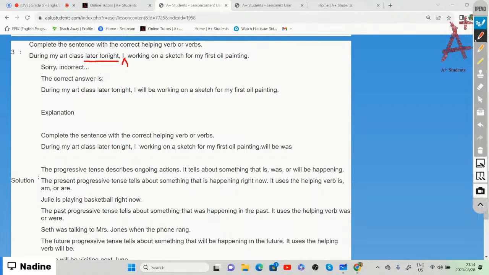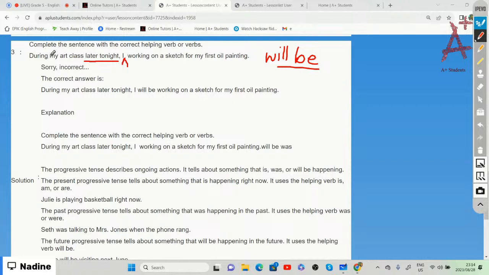So during my art class later tonight, we can say, I will be, because it's going to happen later tonight. So we can say, I will be working on a sketch for my first oil painting. So will be is the helping verb that shows the future progressive tense within that sentence.